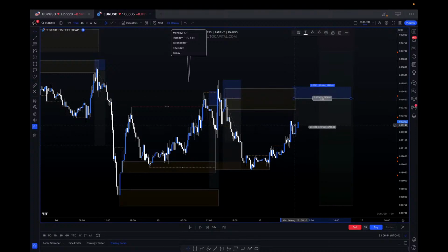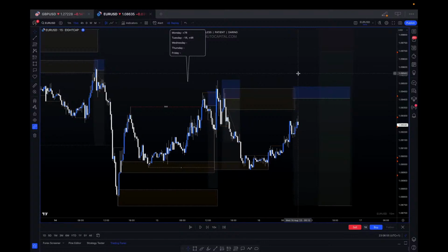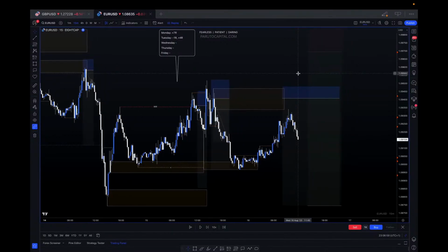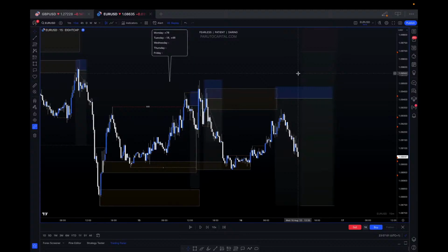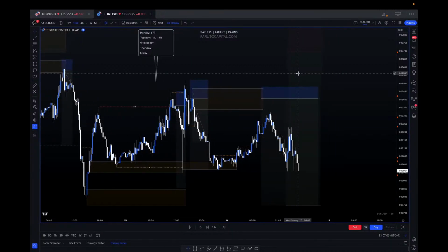Then I'll target. With this, I could target the low of the 4 hour, that means this guy here. Or if I want to be conservative, I'll target this low here. So let's see how that played out. Okay, you can see price just left without tapping us in, and that is it.